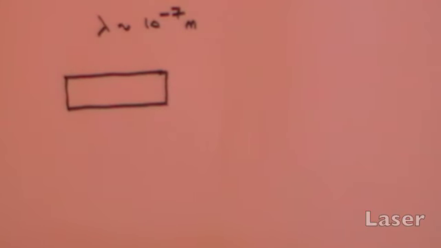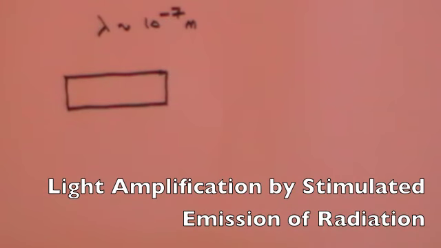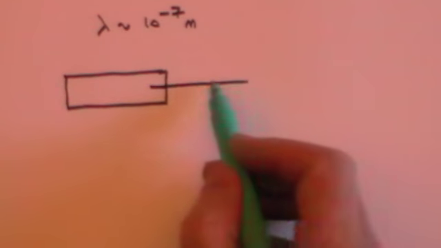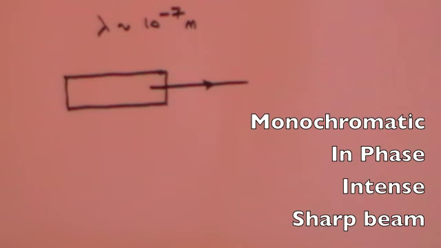Laser stands for light amplification by stimulated emission of radiation, which sounds a bit of a mouthful, but you just take LASER, and that's where you get it from. What you find is that a laser emits light which has the following qualities. Firstly, it's of a single colour, so it's what's called monochromatic.